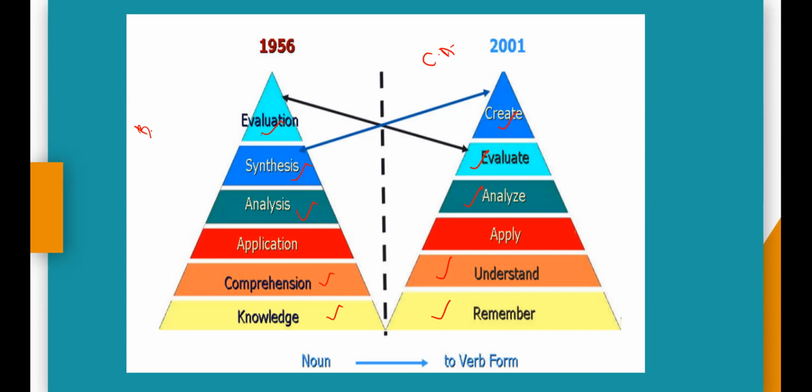So the facts, definitions, and previously learned information that the learner has recited or listed have been remembered in the classroom. So this difference is clear now: what is knowledge and what is remembering.